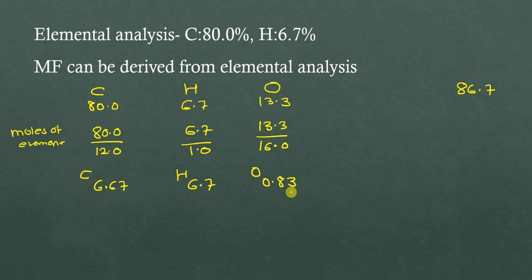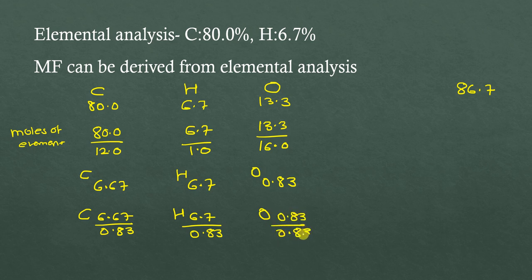After getting moles of elements, we select the smallest number and divide all these numbers by it. So carbon will be 6.67 divided by 0.83, hydrogen 6.7 divided by 0.83, and oxygen 0.83 divided by 0.83.